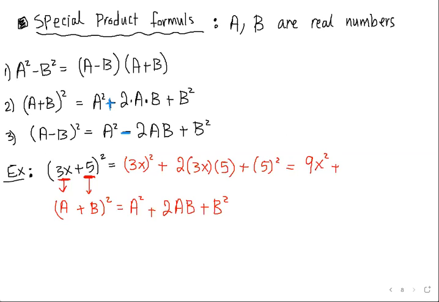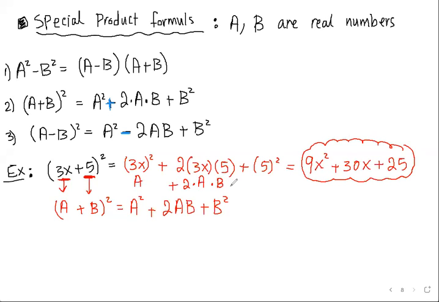What is the answer? 30x, exactly, plus 25. Any questions so far for this one? So this is my A, this is my A times B times 2, plus this is my B here, squared.